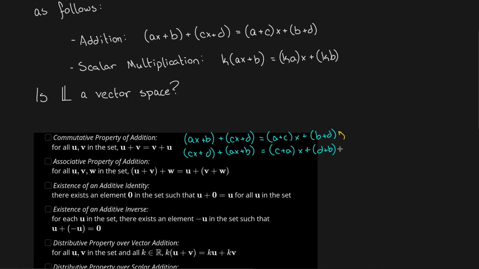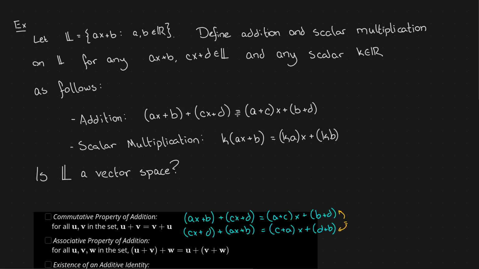And these are equal because once we're down to this point, these are just adding numbers, right? A plus c, a and c are just real numbers. So when we're talking about adding numbers, we mean adding them in the usual way. A plus c and c plus a are just numbers, and we know addition between regular numbers is commutative. Same thing here. b plus d and d plus b are the same thing because those are just real numbers, and the addition of real numbers is commutative. So yeah, this one checks out. Okay, the vectors are commutative.